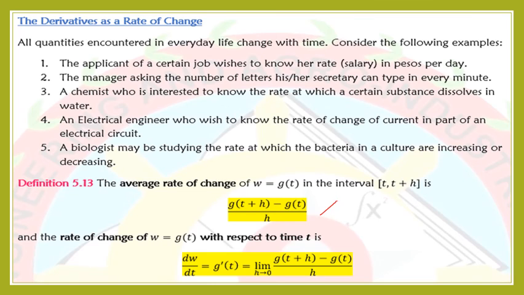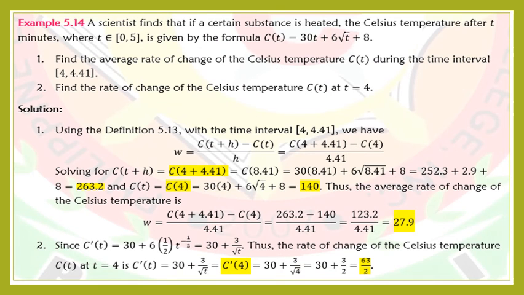This one is the rate of change of W with respect to time t. So dW over dt. So G prime of t is equal to the limit of G of t plus h minus G of t over h as h approaches 0.